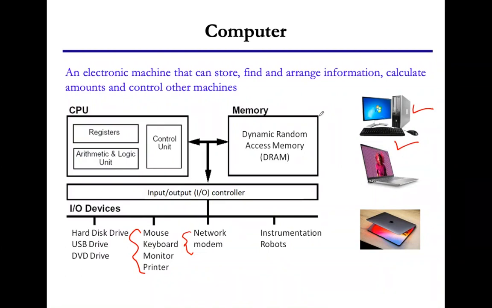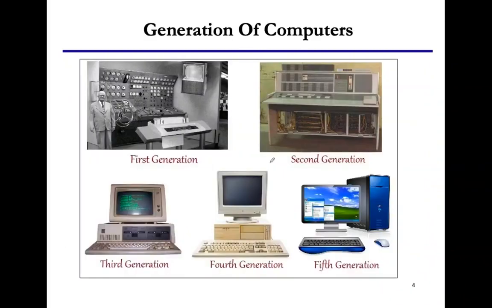Right? So then we need to talk about when this computer system started and what the generations of this computer are. So let us talk about the generations of the computer.